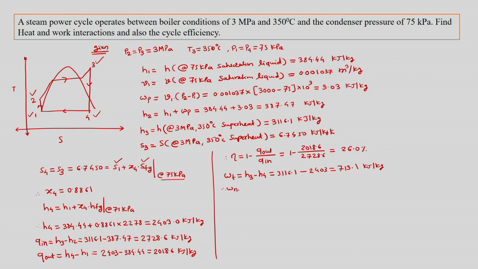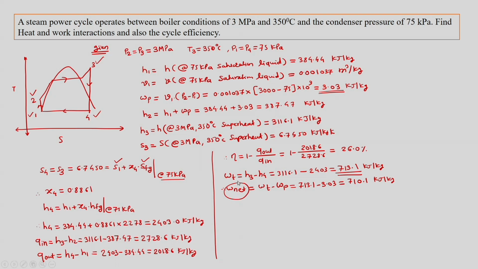So we have net work as turbine work minus pump work. This is turbine work, and then we found this as pump work. So we have 713.1 minus 3.03, and this gives us net work as 710.1 kilojoule per kg.